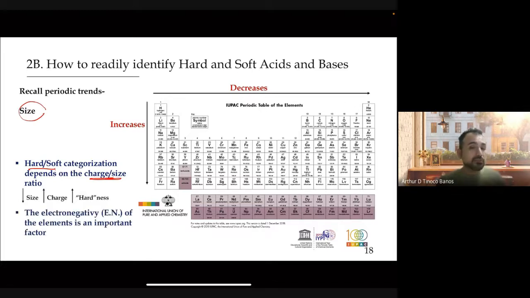Something related to this is electronegativity, the idea of an element holding on to its electron density, which goes into polarizability. The larger the electronegativity, the larger the localization or holding on to the electrons, and the larger the hardness. That gives us a perspective.